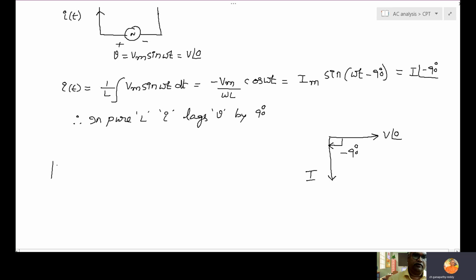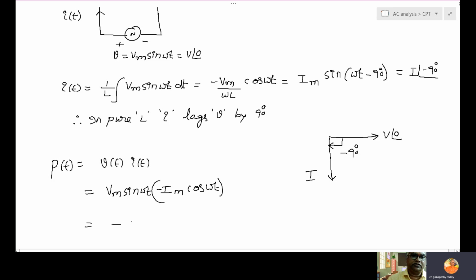Then coming to power, P of t is V of t into I of t. V is Vm sin omega t. Current is Im sin, or I can write minus Im cos omega t.